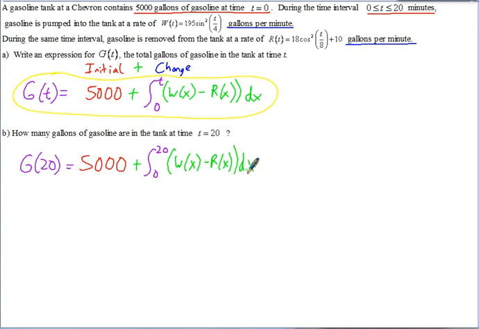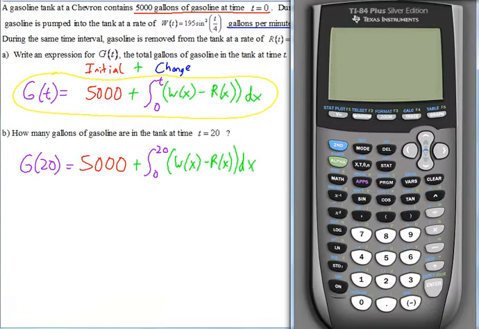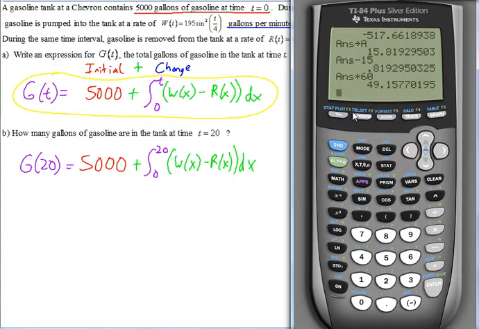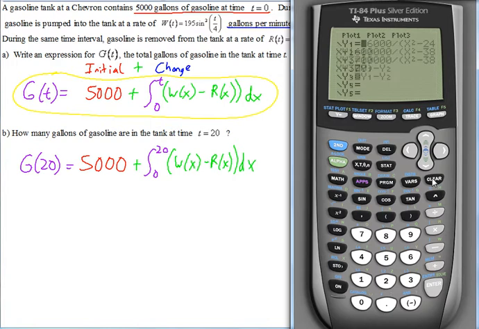So now we need to use our calculator for this part to work this out. So let's go ahead and enter both functions in. I'll go ahead and clear out the other ones we have. And the rate it's entering, W(t).